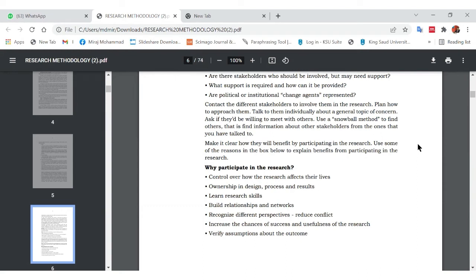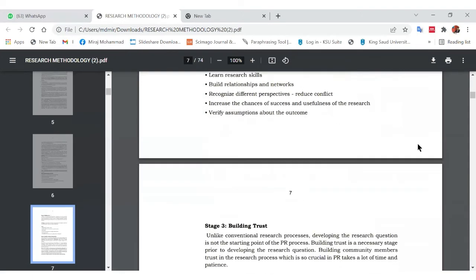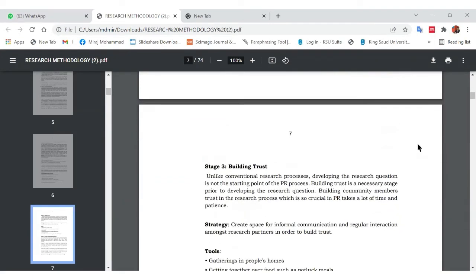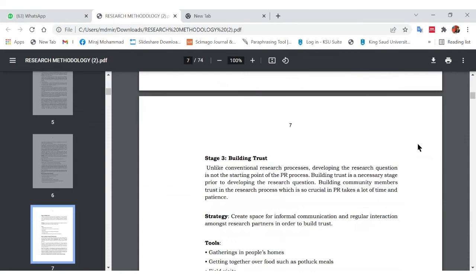Somebody will say this model can bring about a sense that the people will feel uplifted, that they have been the beneficiaries of all the projects. So that's why the stakeholders should participate in all different types of research. Yes, is stage 2 clear to everyone? Yes, sir. No.